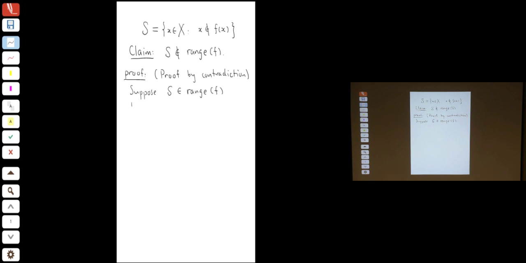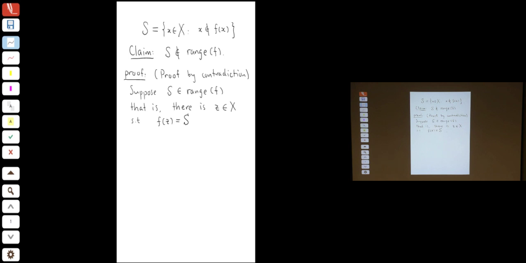That is, there is some z inside the domain, which is X, such that f of z is S. This is the meaning of the range. If you are in the range, you are hit by some arrow. So z is the person who shoots the arrow, and f(z) is the target, right? So we have this.